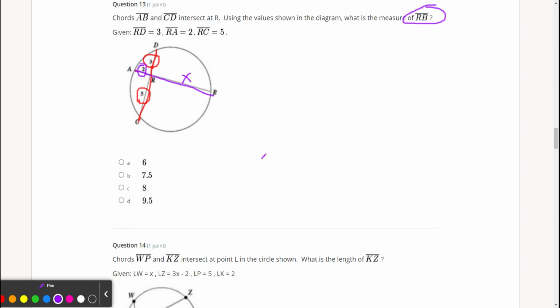RB is what I'm looking for. That's that missing thing. So it would be 2x. The way you do it, Dalton, is you usually multiply the 2 things that are on the line that are numbers, right? So you would start with a 3 times 15 and then divide by 2. Yep.